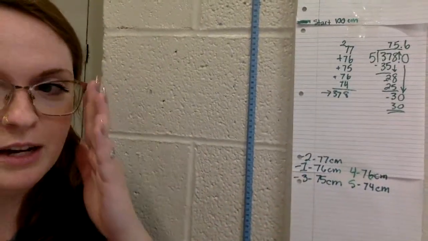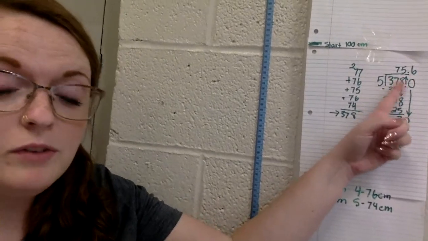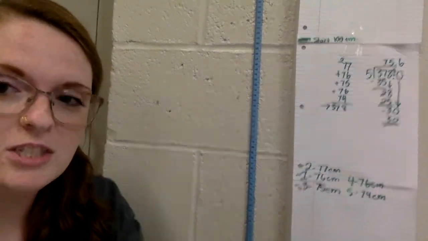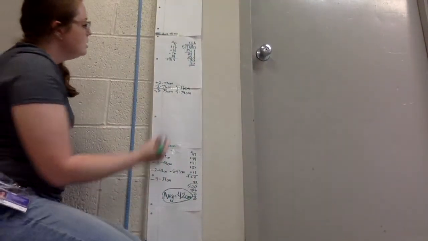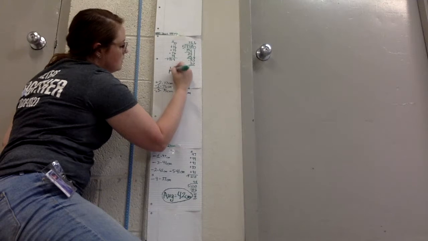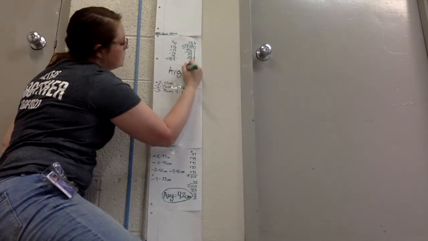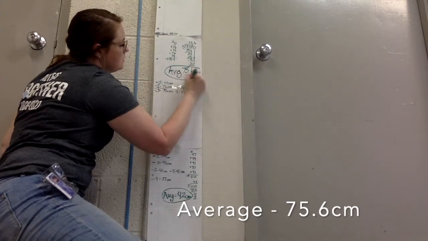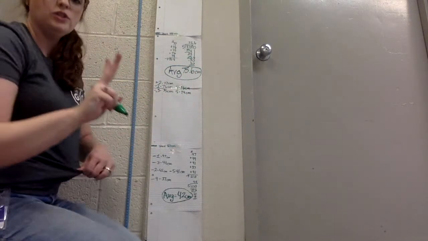If you use your calculator, totally fine. You're going to get a decimal, which is why I also went ahead and did that. So our average is 75.6 centimeters. This is our average for trial 2.